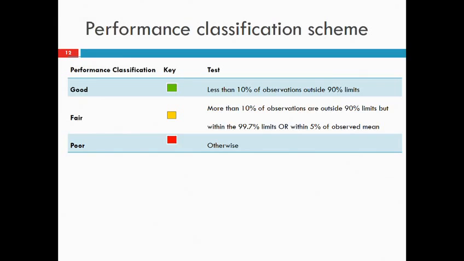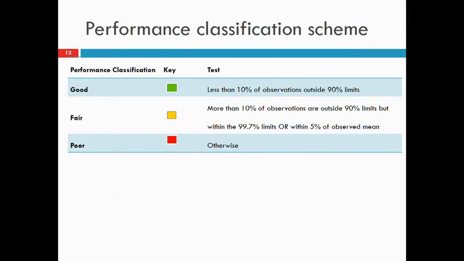Because of the high dimensionality of the problem, a lot of sites, a lot of seasons, a full grid, it needs some way to summarise the data in terms of performance. So what we've done in terms of presentation today is something that's good and it's been given a traffic light of green. It's statistically indistinguishable from the observed because we have less than 10% of the data outside the limits.